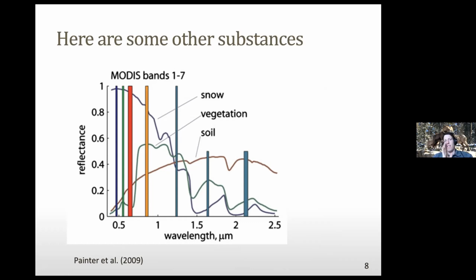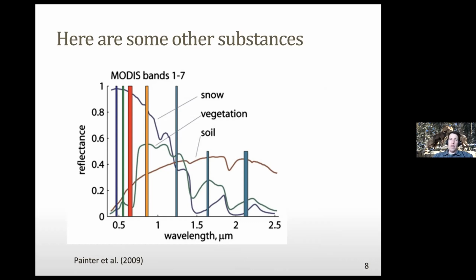And it actually has these bands, which is from an instrument called MODIS, a sensor on a satellite, which shows what wavelengths it can see at. So when we're looking at snow from space, those are the wavelengths we can see.